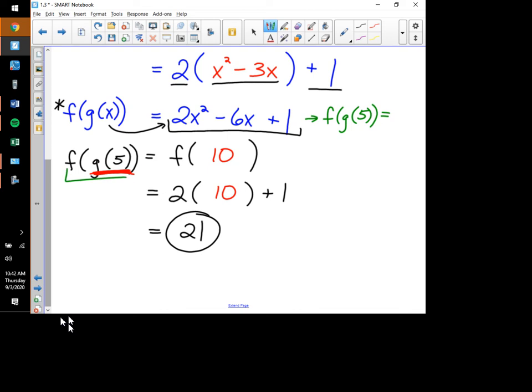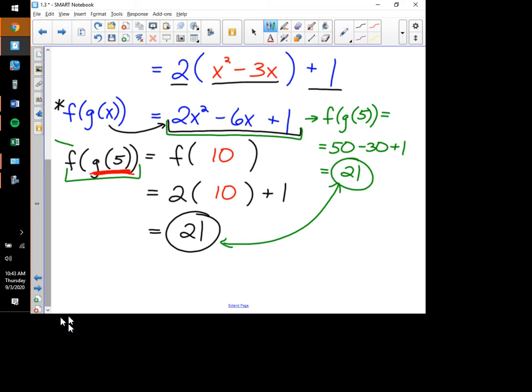It's the same question that I asked you right here, but now we're going to use this new function that we came up with. So this is going to be 2 times 5 squared, that is going to be 50, minus 6 times 5, which is going to be 30, and then plus 1 at the end of all that. 50 minus 30 is 20, plus 1 is going to get us the same 21 that we came up with right here.